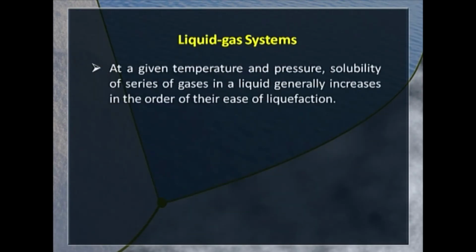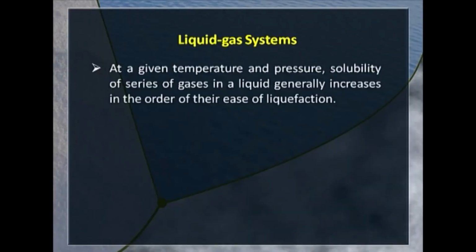At a given temperature and pressure, solubility of a number of gases in a liquid generally increases in the order of their ease of liquefaction. We know, of course, from our earlier experience that a gas can be easily liquefied when the intermolecular forces are very strong.